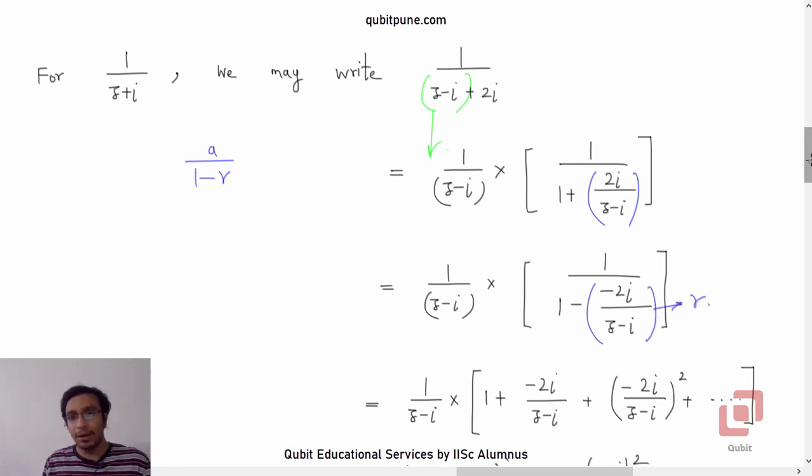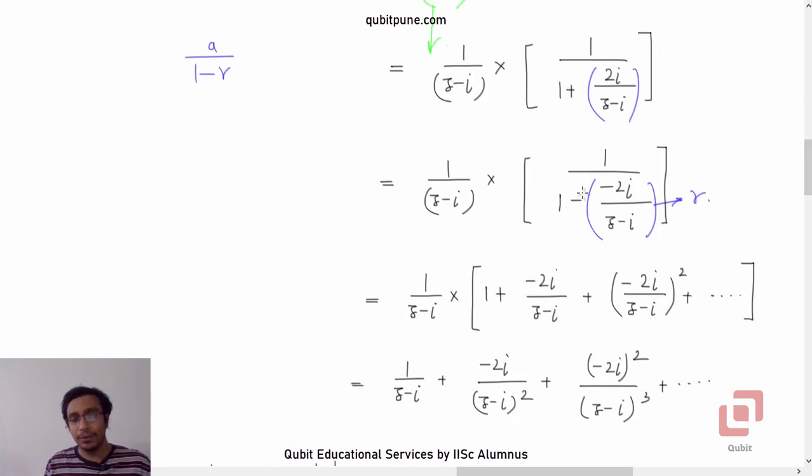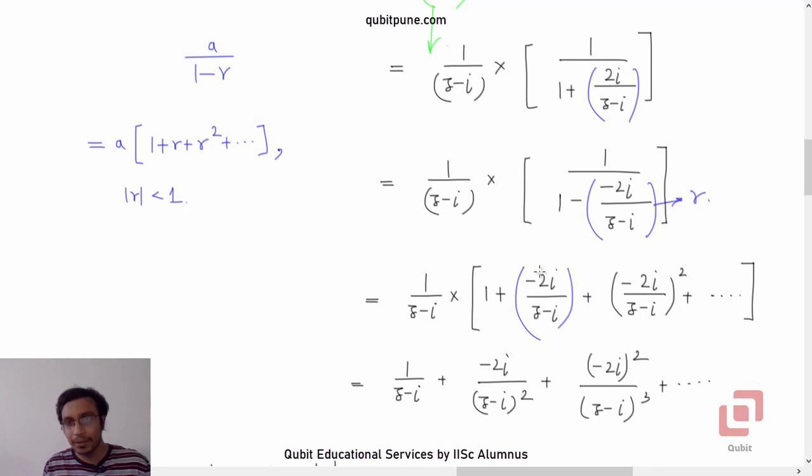Now you can use the formula yet again, 1 plus r plus r squared and so on, provided mod r is again less than 1. So 1 plus r, minus 2i upon z minus i, plus r squared, minus 2i upon z minus i squared, and so on.